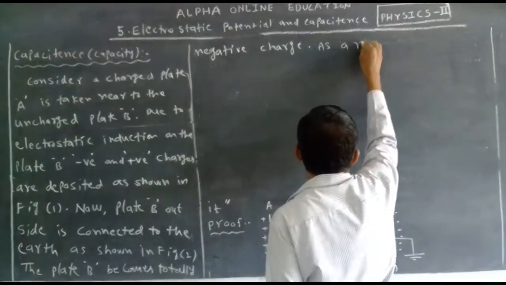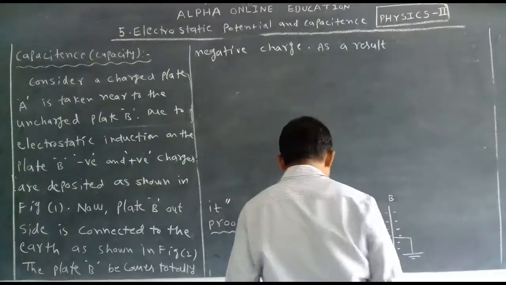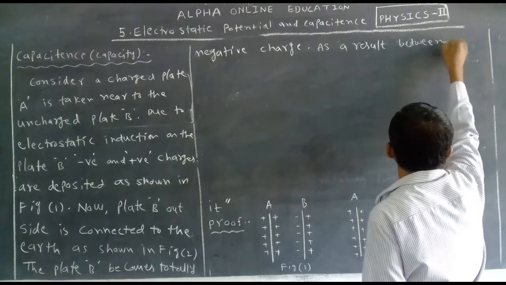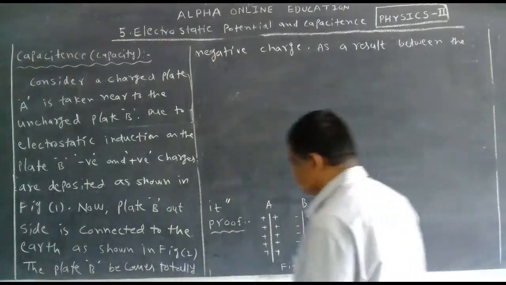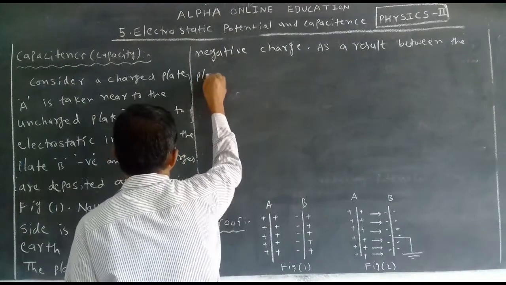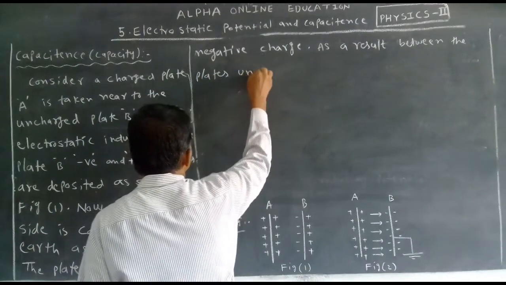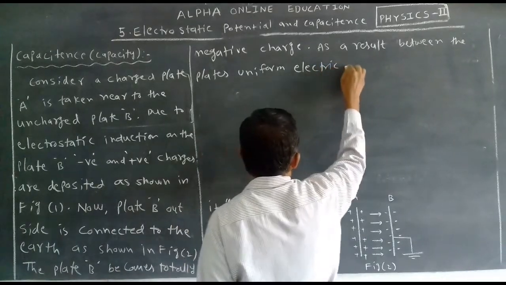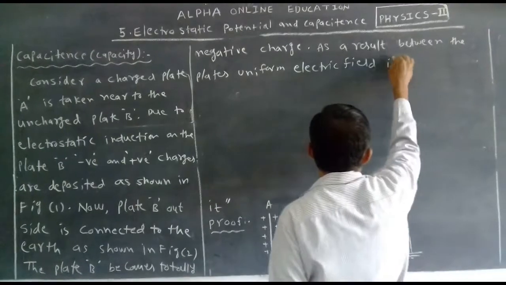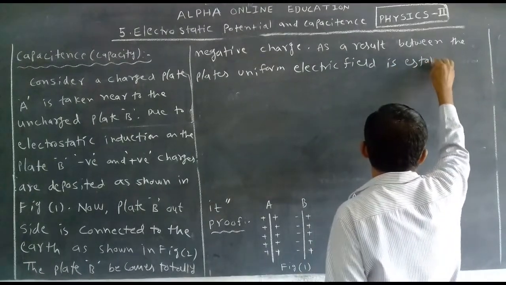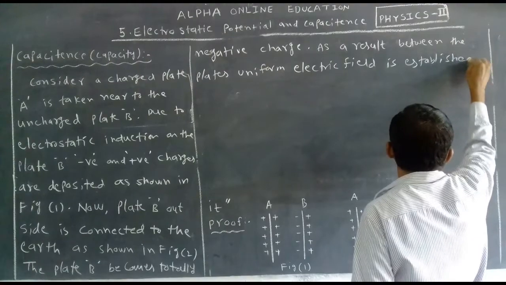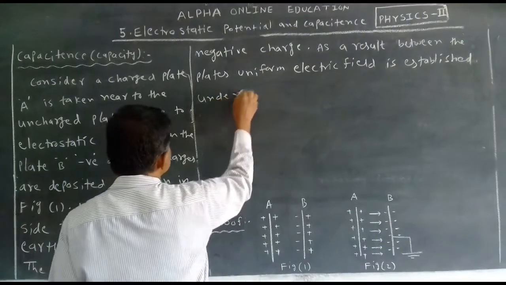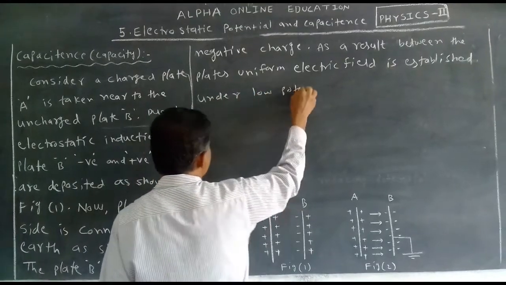As a result, between the plates a uniform electric field is established under low potential.